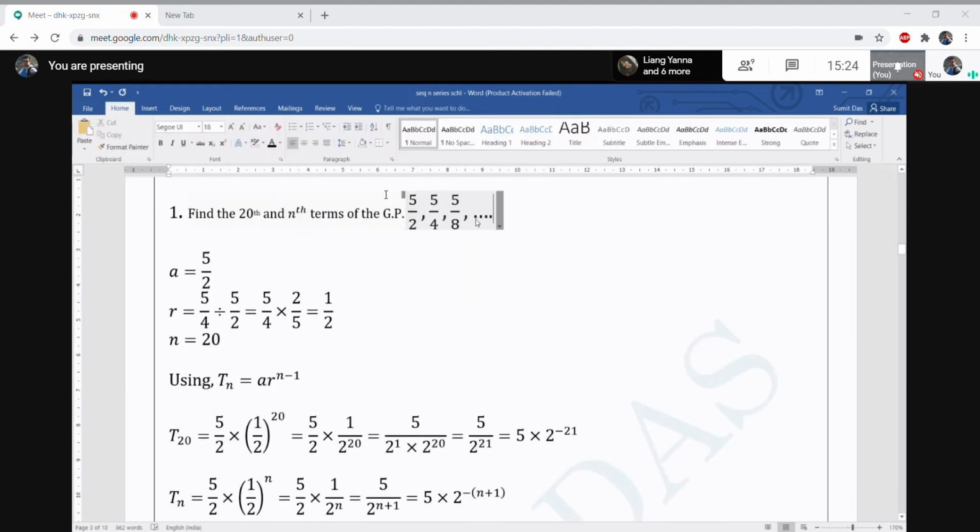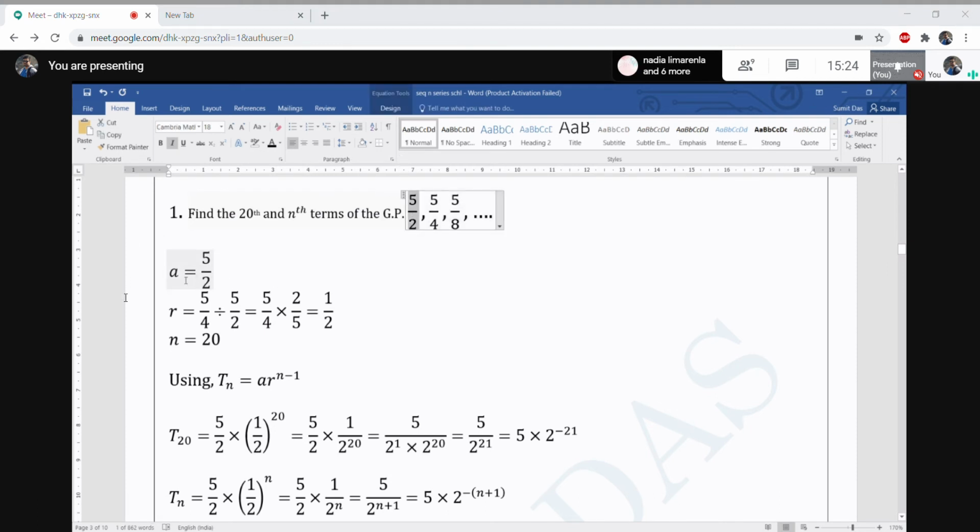Page number 198, if you have the book, please open. The GP given is 5 by 2, 5 by 4 and 5 by 8. So how to do this problem? First we have to find the first term. What is the first term? First term is this one, right?